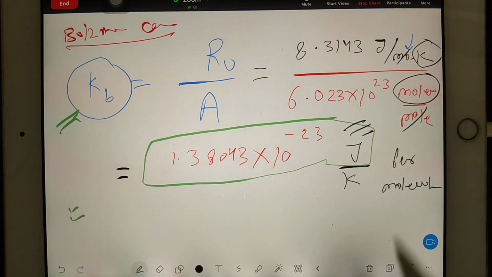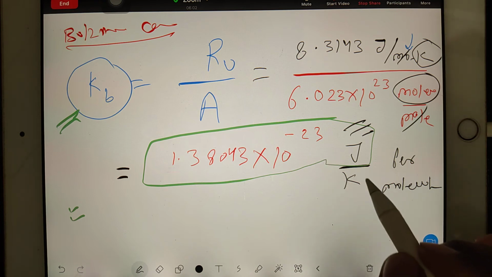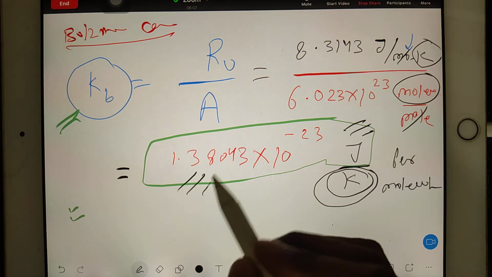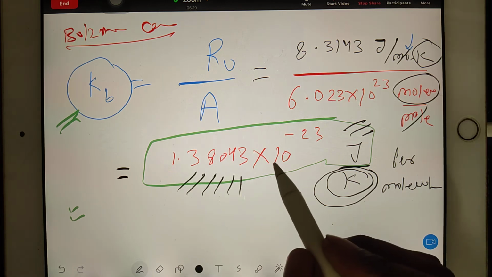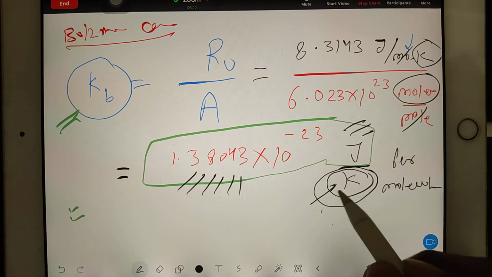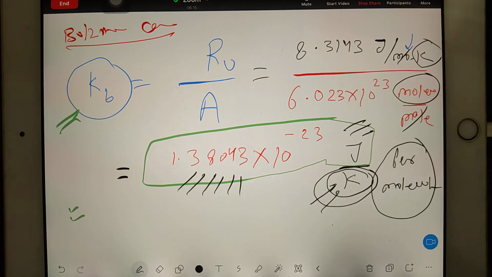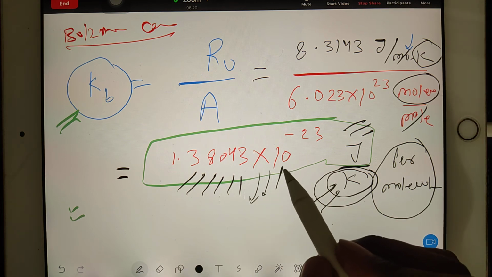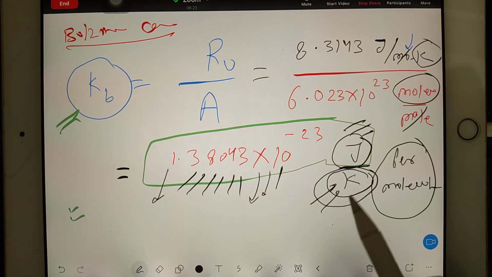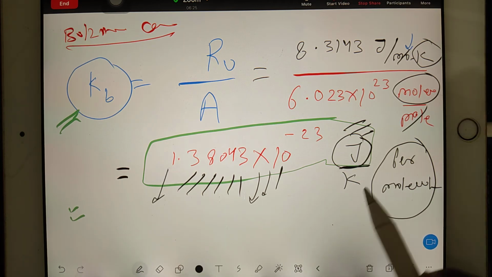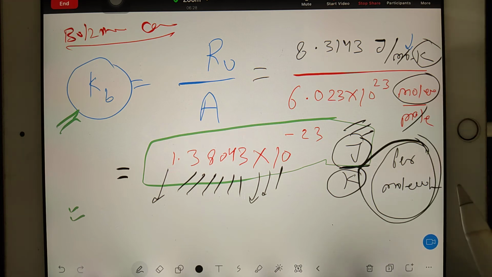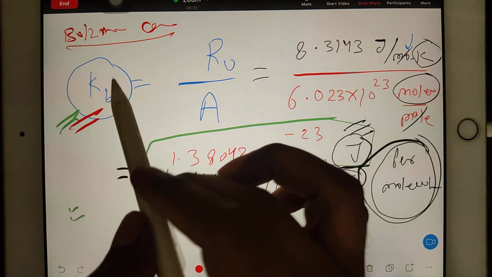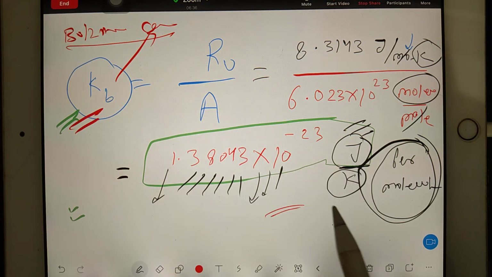This much amount of average kinetic energy will increase if you increase the temperature by 1 Kelvin for every molecule, or just the opposite, this much average kinetic energy in joule will decrease if you decrease the temperature by 1 Kelvin per molecule, irrespective of the type of molecule we are discussing. That's why the Boltzmann constant is a constant number. I hope you have got the idea.